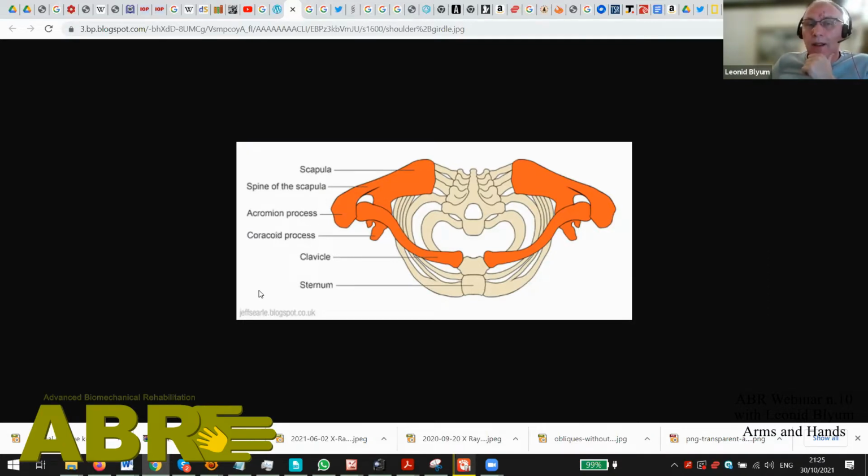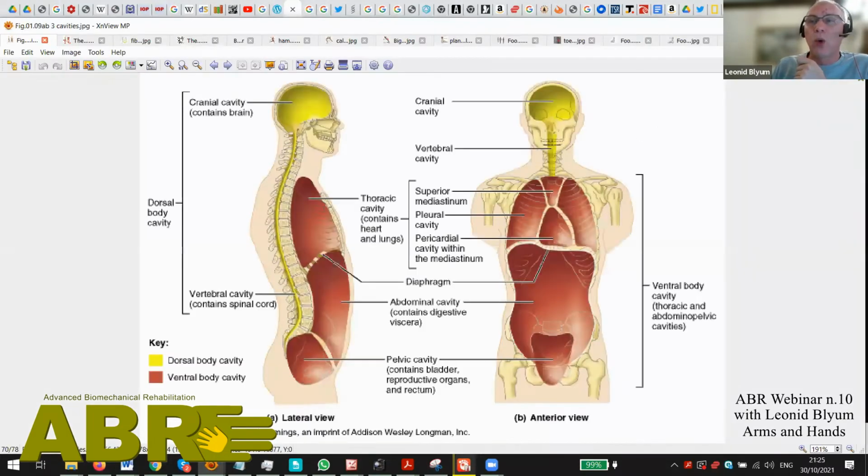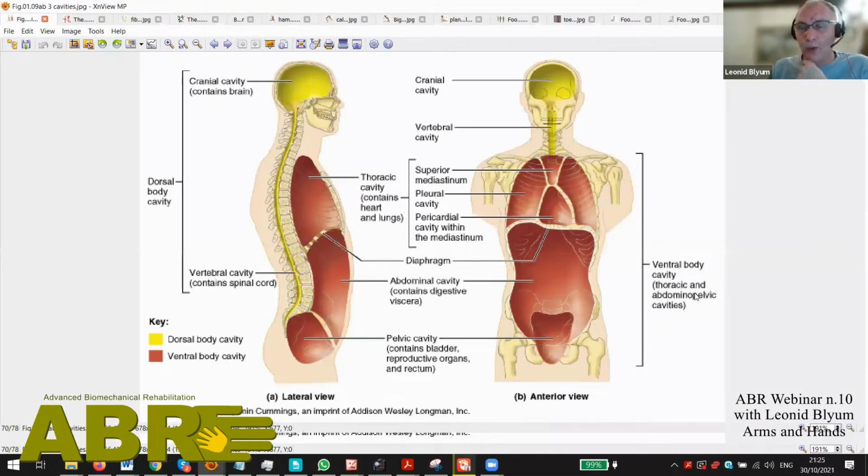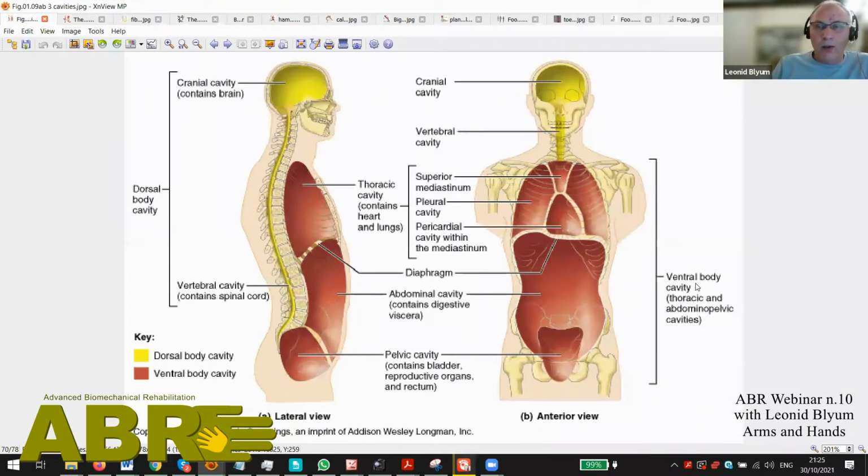And that drawing refers us back to our most popular picture that we are using throughout all the webinars, right? So for those who watched any of our webinars, you should be familiar with this picture. You see this fundamental cross-sectional view, the relationship between the ventral and the dorsal.